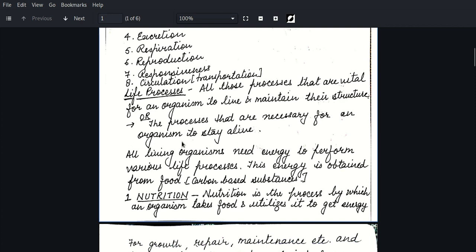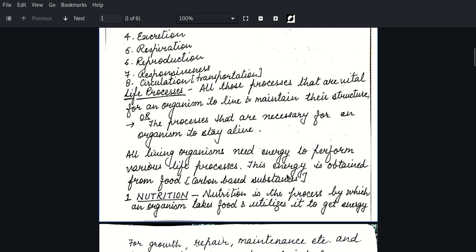All organisms require energy to perform these life processes. And how do they get energy? They get energy by obtaining food. They take in food and release energy.